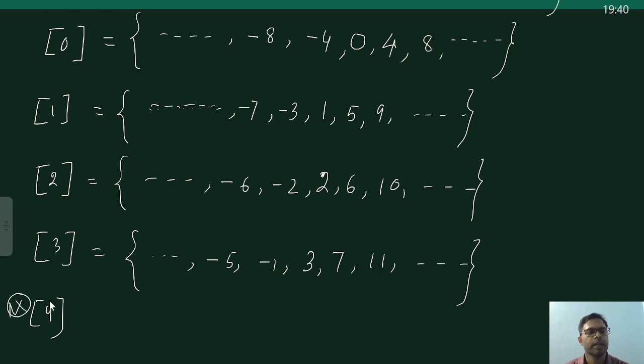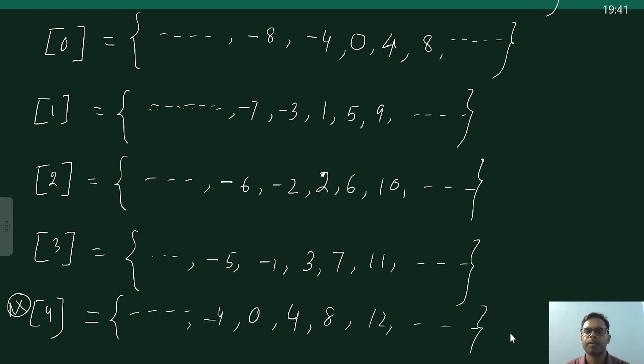If we want to write the class of the element 4, 4 will be there obviously, then 8 will be there, then 12 will be there and so on. From the negative side also 0 will be there because 4 minus 0 is divisible by 4, and then minus 4 will also be there and so on.